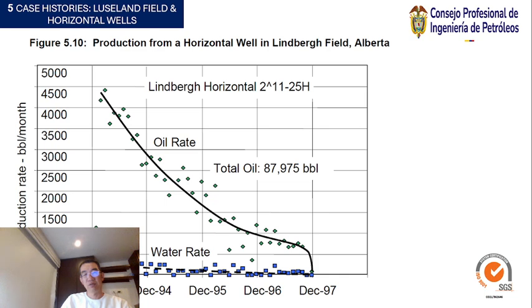The horizontal well is the same as in the Luseland field. For the first 3 years, the oil rate decreased quickly, but the initial oil rate is good, and the horizontal well lasts just 4 or 5 years.